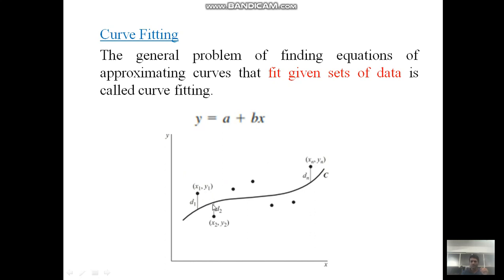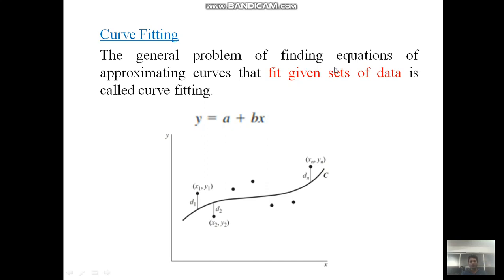Then a second point x2, y2, a third point x3, y3, a fourth point x4, y4, then x5, y5, x6, y6, and so on, up to the last, the nth point xn, yn. So in general there are n points. It may be any finite number of points, but for convenience we consider n points.